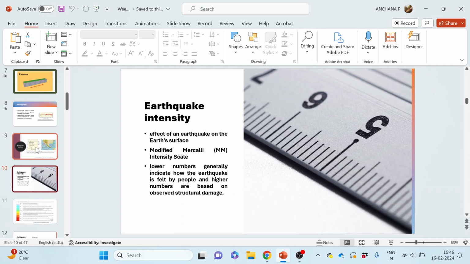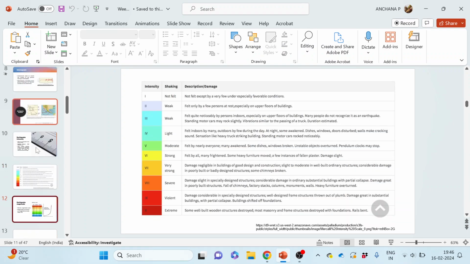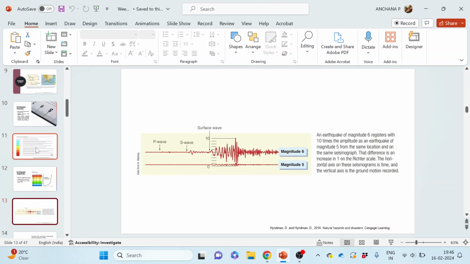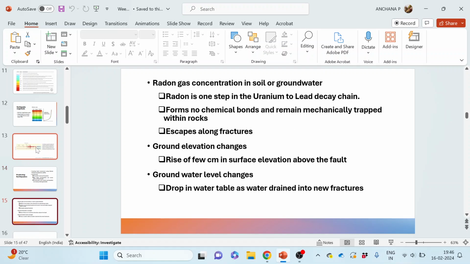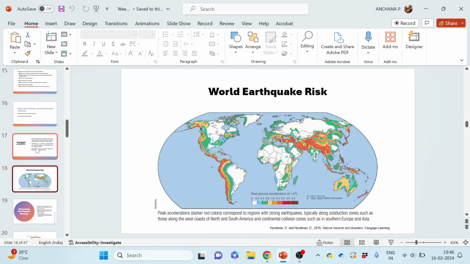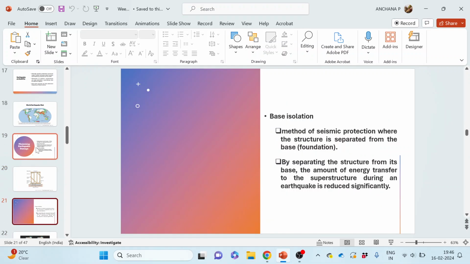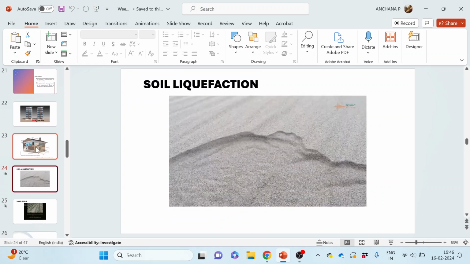Then the earthquake intensity regarding the Mercalli scale, then the magnitude, the Richter scale, then different ways earthquakes can be predicted, the probability of earthquake, the earthquake risk assessment, minimizing the earthquake damage. If you have any question from any of these parts, please ask me. You can just clear it in these sessions.